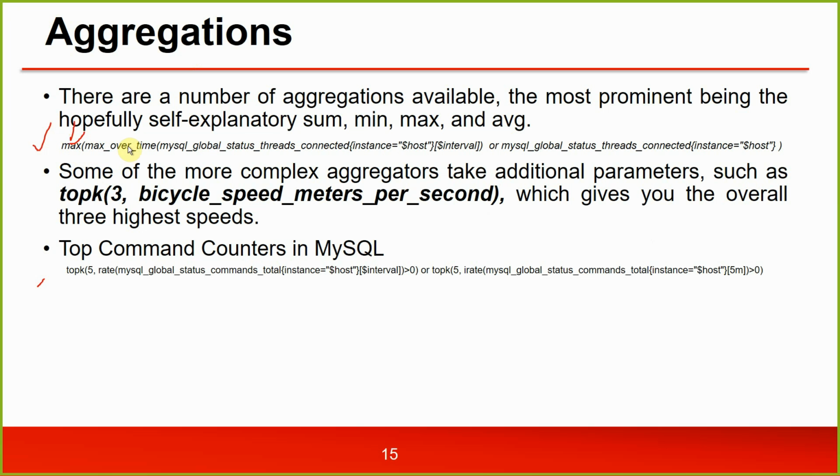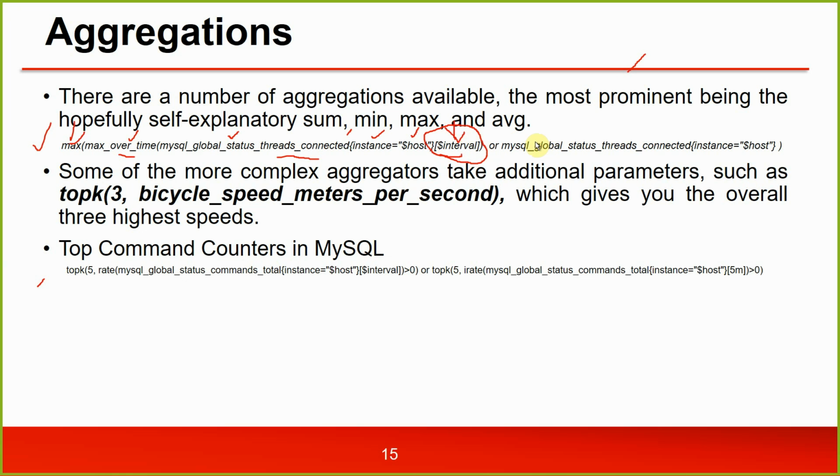Max over time, we are calculating the maximum value over time. mysql_global_status_threads_connected means total connections, and we are taking the maximum connections for which instance name is host, and this is the interval. So in the last 5 minutes or 10 minutes, whatever is specified by interval, or 1 hour or 1 day, whatever interval I specify, what is the maximum connections at any given interval on this host.